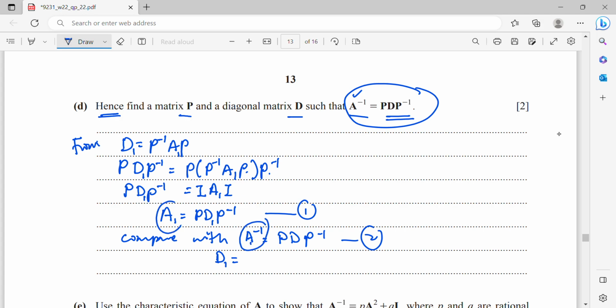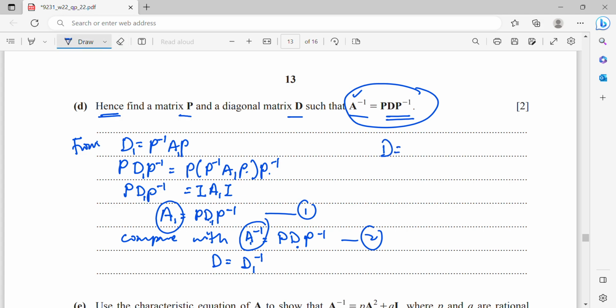Which means my D1 becomes the inverse, okay, which means my D in equation 2 will be the inverse of the D, or the original. So my D equals D1 inverse. Okay, so then the P has no change. So therefore, I will write down my D first.